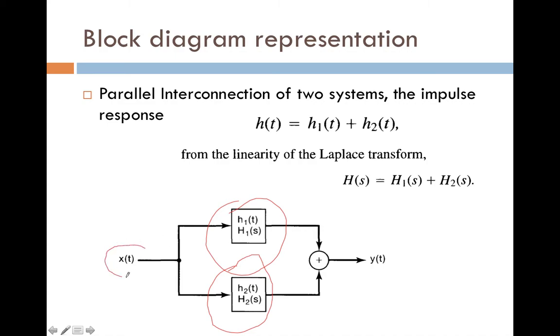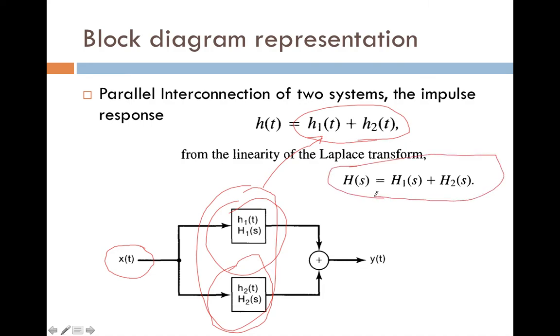The same input is given to two different parallel blocks, and the parallel blocks' outputs are added here. So the response of the parallel system can easily be written as h of t is equal to h1 of t plus h2 of t. And in terms of Laplace transform, h of s is equal to h1 of s plus h2 of s. Actually, parallel blocks can be easily added.